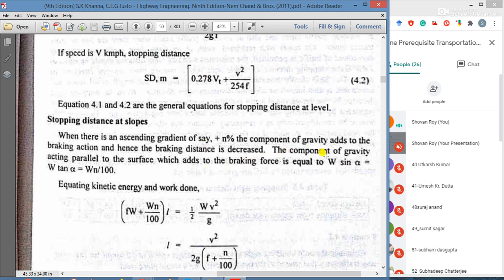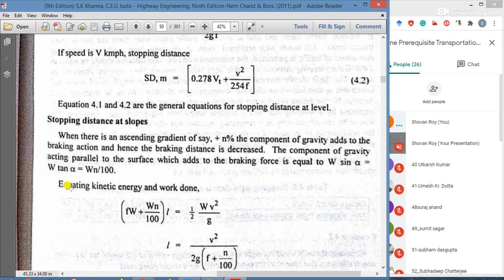The component of gravity acting parallel to the surface which adds to the braking force is equal to W sin alpha, and this alpha value is very small because the gradient of the road is normally very small. That's why we can also take W tan alpha.